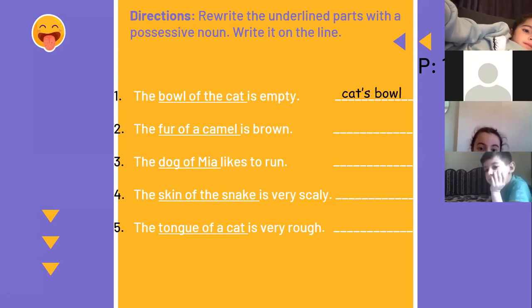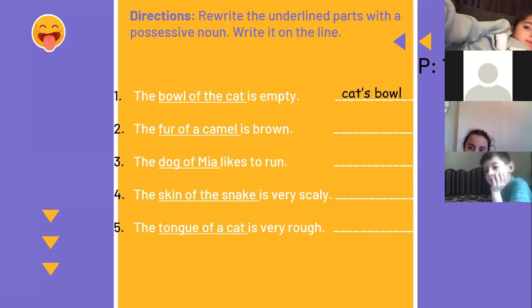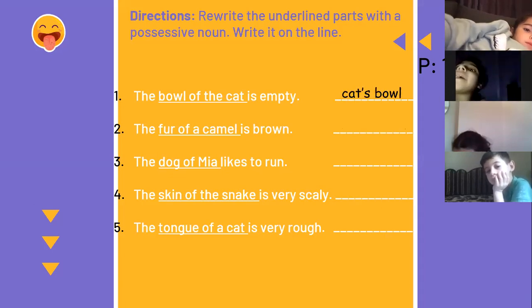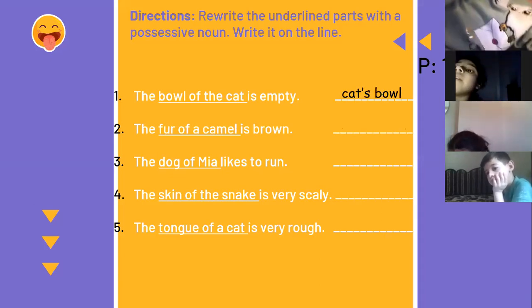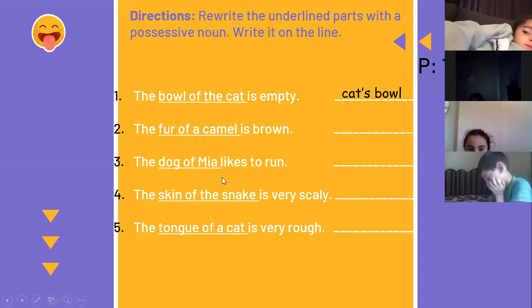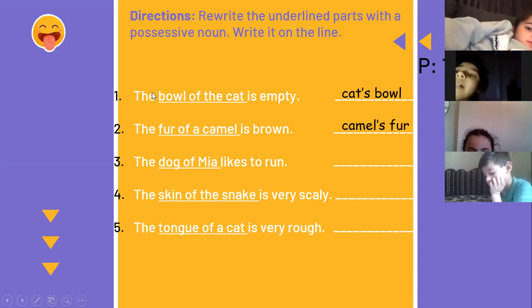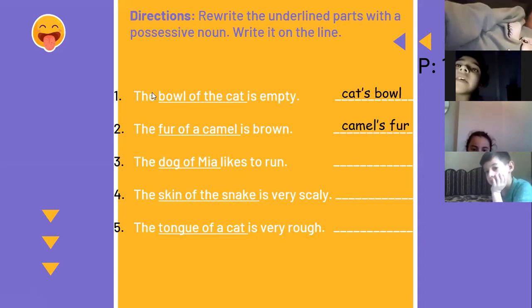The fur of a camel is brown. How do we change fur of a camel to a possessive noun? Camel's fur. Bravo.